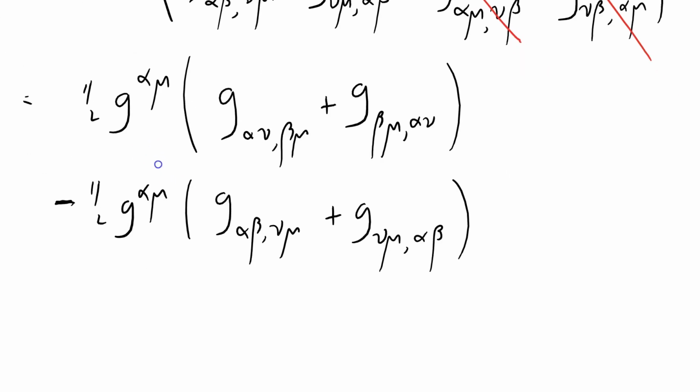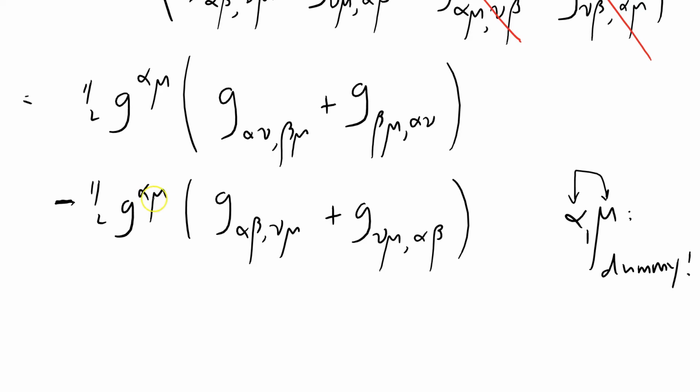However, I'm going to make the observation that alpha and mu in this case are dummy indices. They are summed over because I'm repeating alpha here and here, and I'm repeating mu here and here. And I can call them what I like. And so what I'm going to do is to swap the identities of these over and just write, where I was writing mu, I'm going to write alpha.